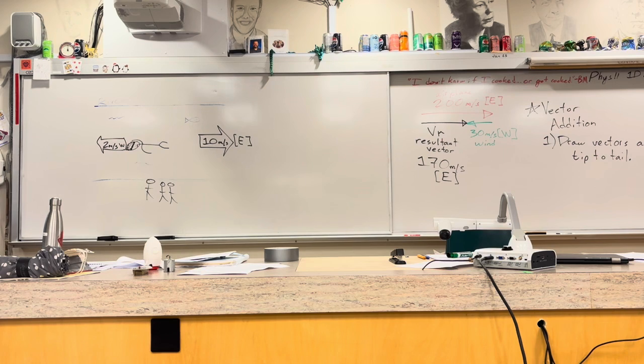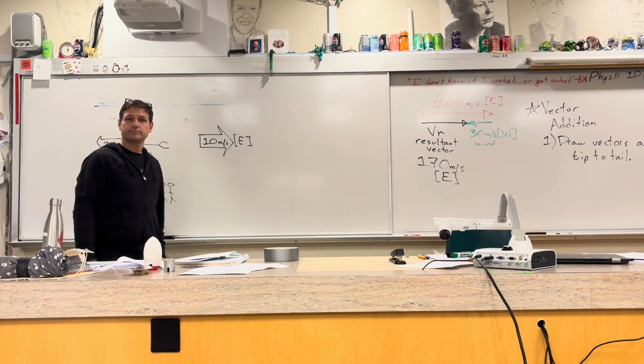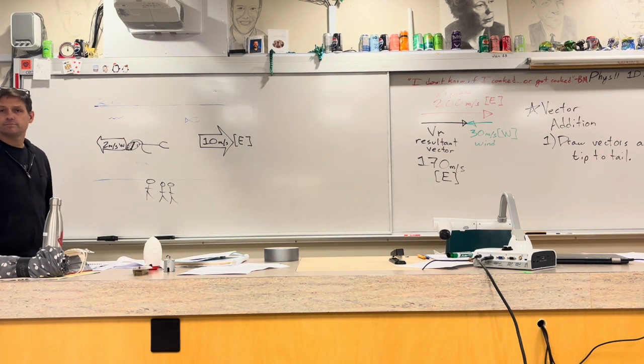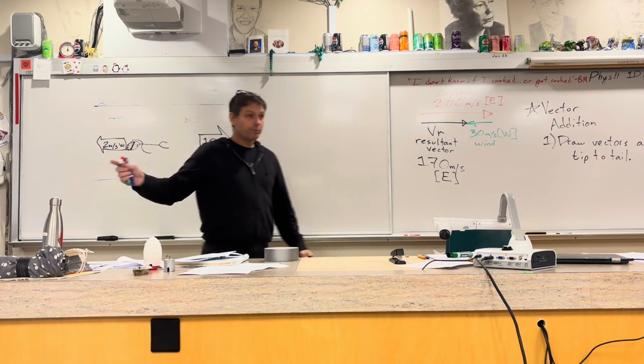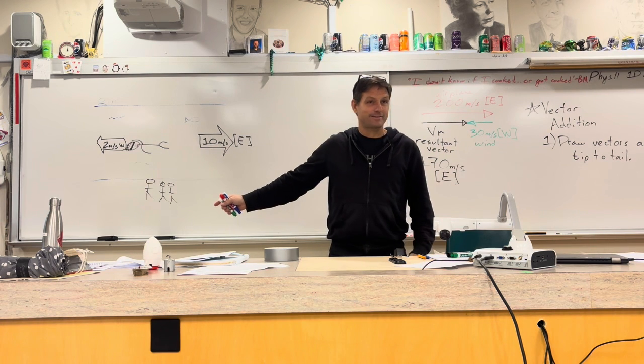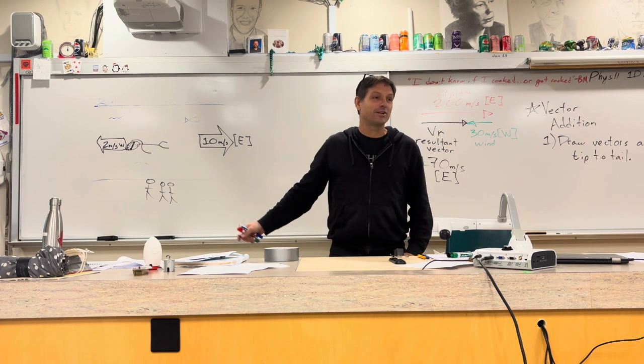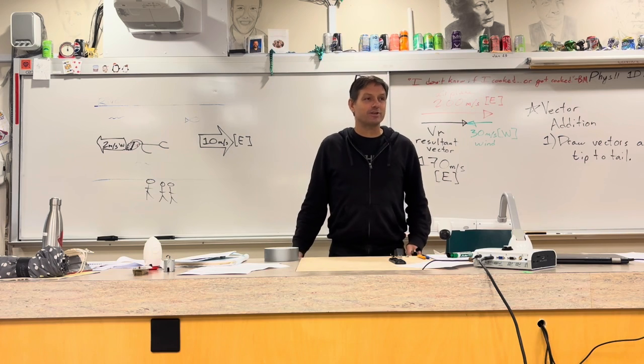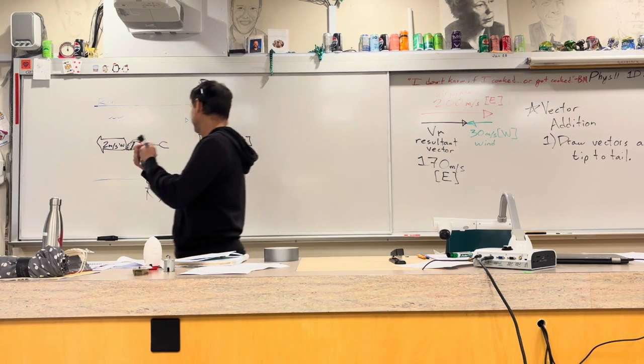Okay, what are you gonna see? Mateo. He's gonna go 8 meters per second east. East. But he's swimming west. Shouldn't he be going west? The current is strong. Give Mateo a golf clap.